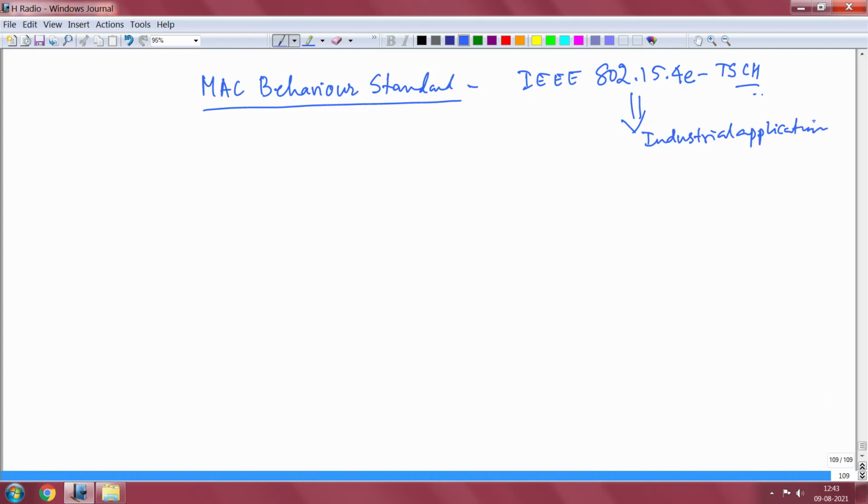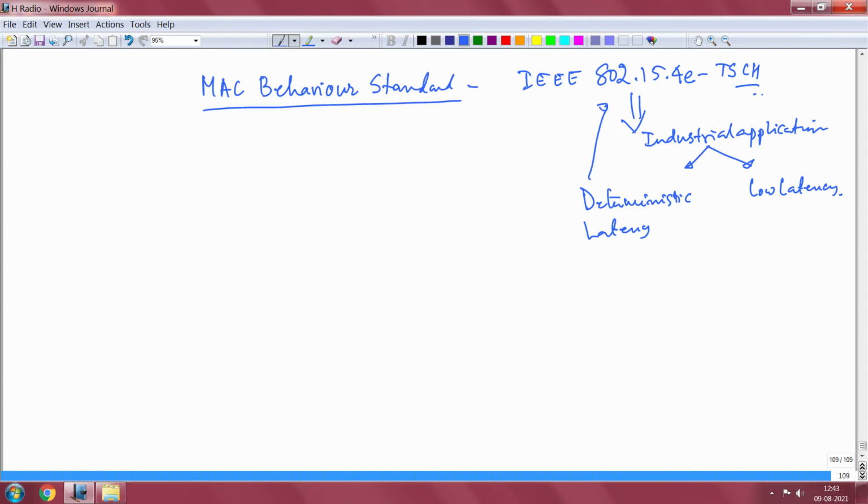Now, you have to be very careful when you talk about industrial applications. You can be talking about deterministic latency, or you can say low latency. Which one of them is 15.4e? Well, it is deterministic. What does it mean?